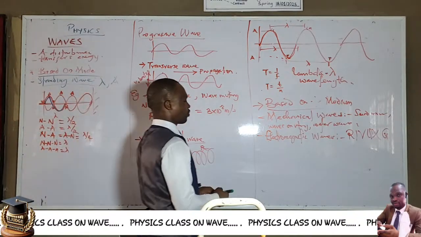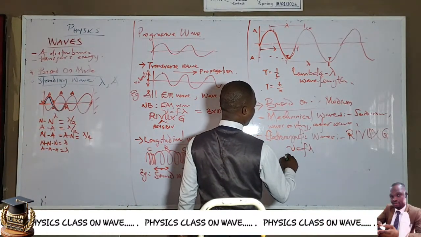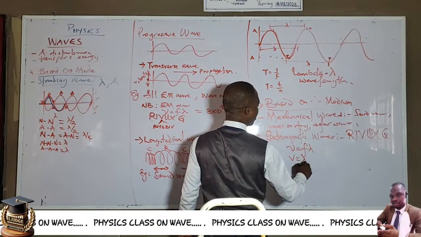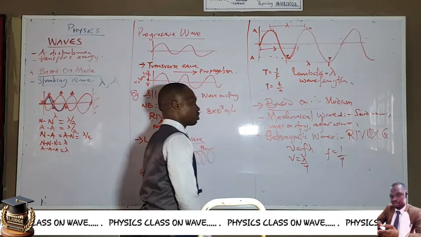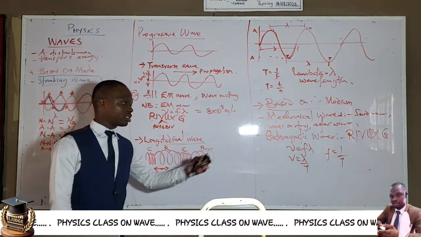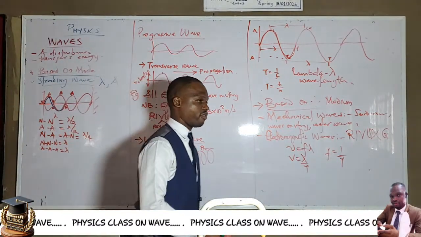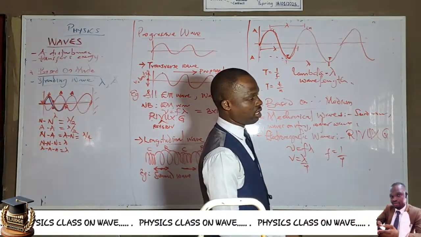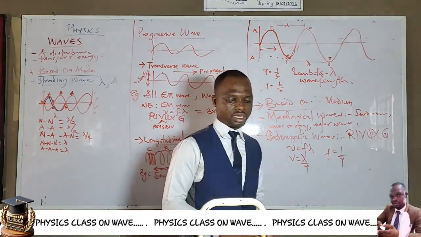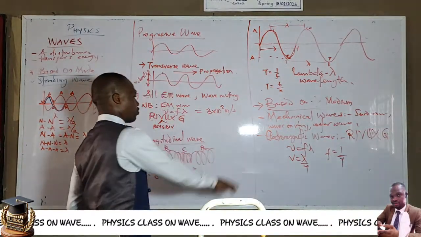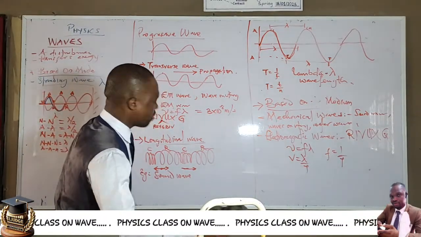And of course, I've told us that v equals f lambda. We also write that as lambda over period, where you know that f is the reciprocal of this. There may be questions that will come from this, like a radio station with a certain frequency, determine the velocity if the distance is covered, and the rest. So you have to know that this formula is very important for this particular area in physics.